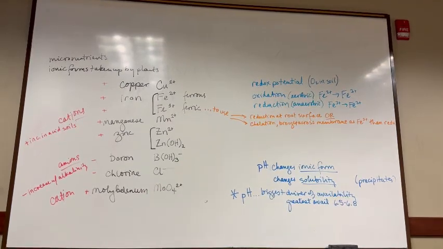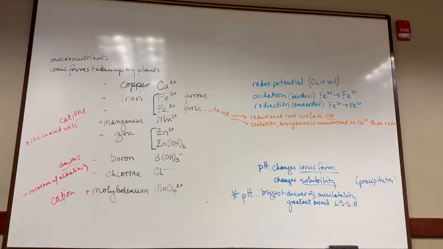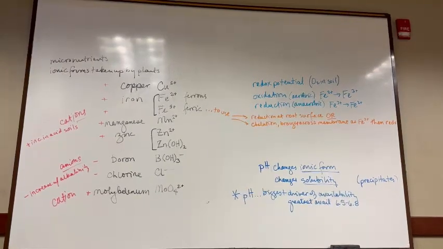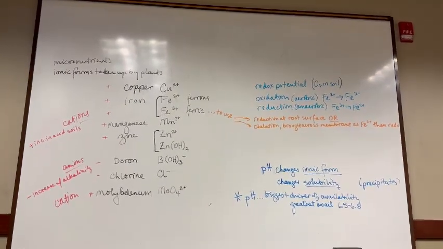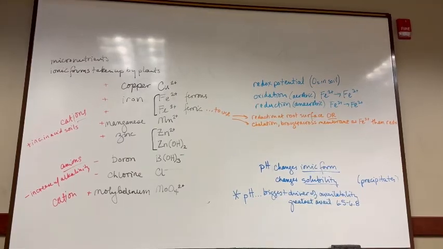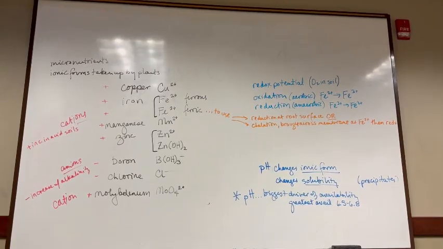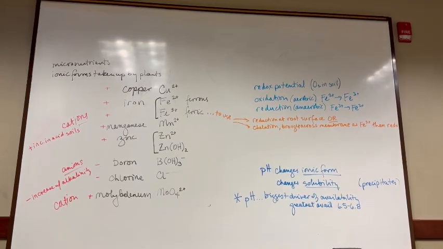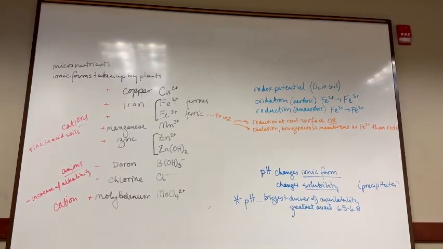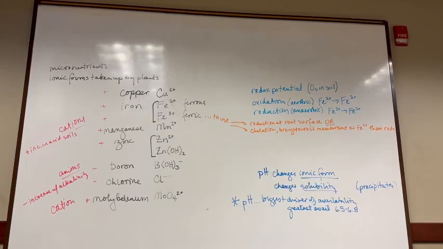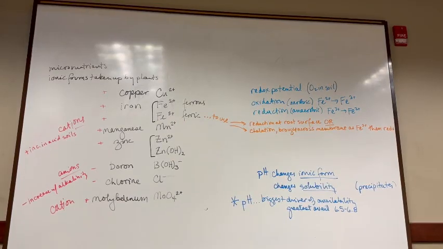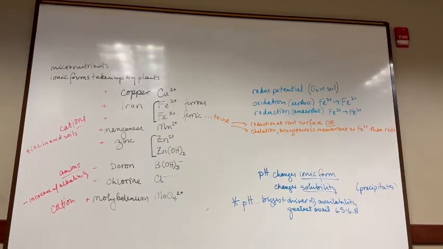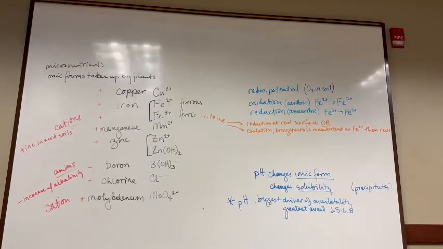Specific to iron uptake, plants will use either a reduction strategy or a chelation strategy. In reduction, the hydrogen ion is pumped out of the root. Iron is reduced at the root's surface, so Fe3+, ferric, is reduced to Fe2+, ferrous, which is then brought across the membrane and into the cytoplasm.